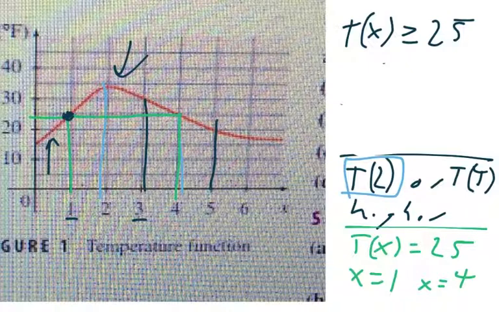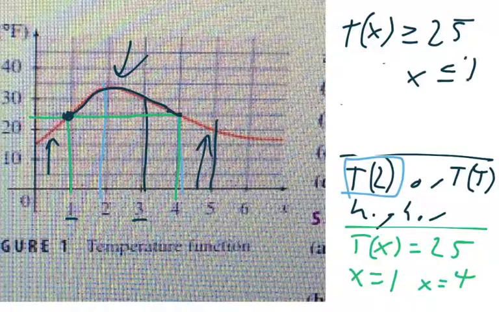So we start out here where it's equal to 25, and all of this in black is greater than 25. Over here, it's less than 25, never to get back up again. So if x is in between 1 and 4, including 1 and 4, that's when it's greater than 25.